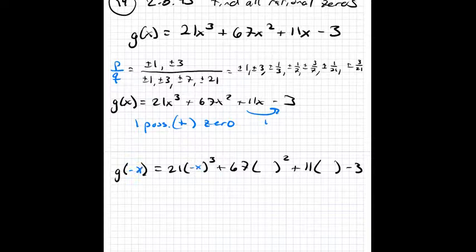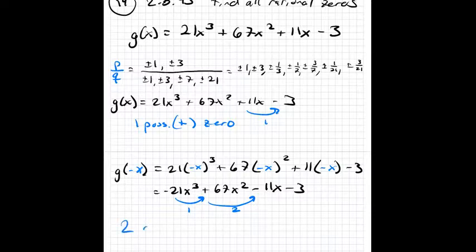The first one is going to be negative 21x cubed. That's going to be positive 67x squared, negative 11x, minus 3. So the number of sign changes, there's one here, one here. So there are two sign changes, which means we have either 2 or 0 possible negative zeros.